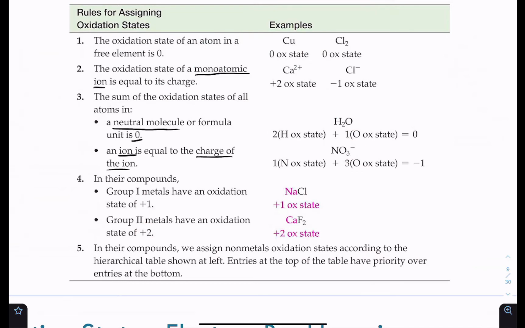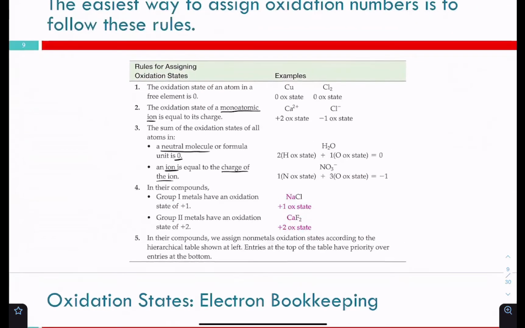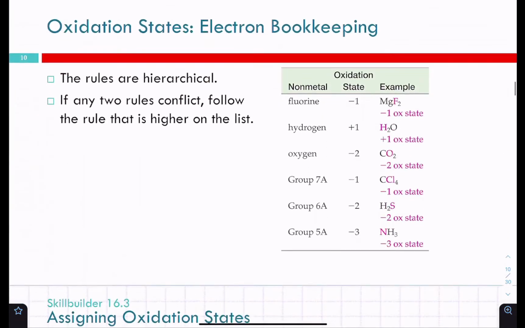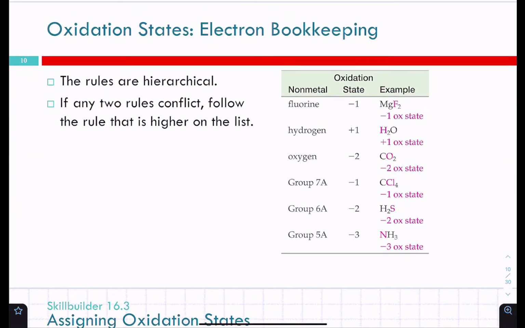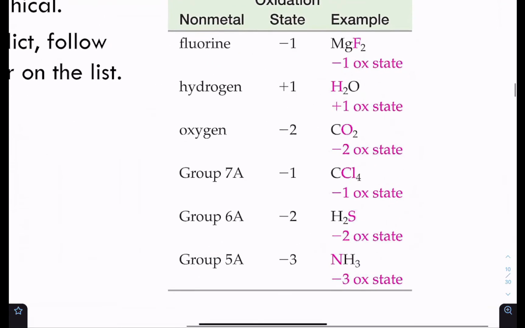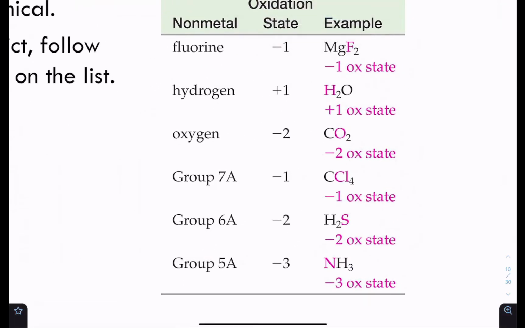And then in their compounds, we assign nonmetals oxidation states according to the hierarchical table, which I believe is on the next slide, where entries at the top have priority over the entries on the bottom. So here's that table of rules. Fluorine, I mentioned, is the most electronegative. When we're trying to determine the oxidation states for a molecule or any compound, you start with these.